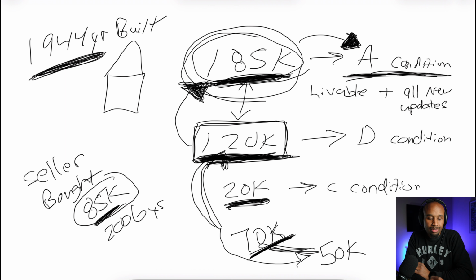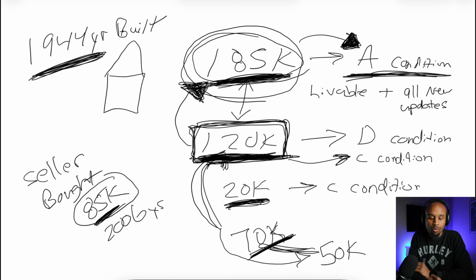So the guy asked me, why do I value my properties at the as is value? Because I just want to sell the thing in its current condition. I am interested in getting it to a C condition, and whatever amount it takes to get it there, I'm interested in that as well.